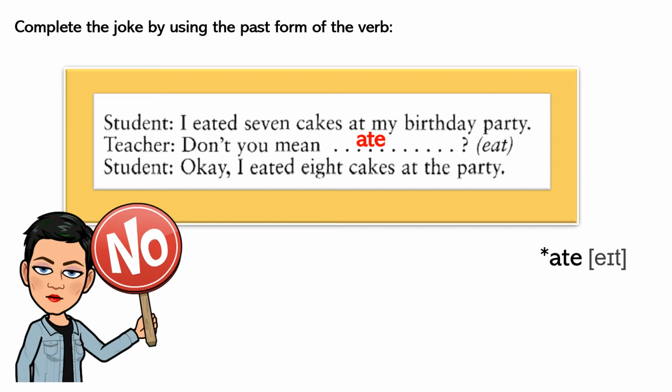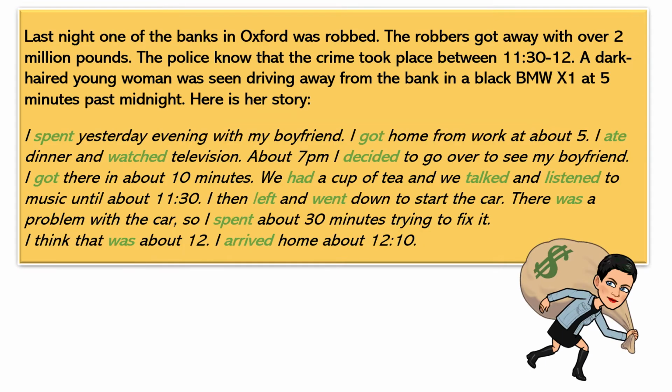As we can see, there can be problems with the forms of the regular and irregular verbs and pronunciation. But before we look at that, we will need to understand the meaning of the past simple first. Here is another task then. The situation is getting rather dramatic.